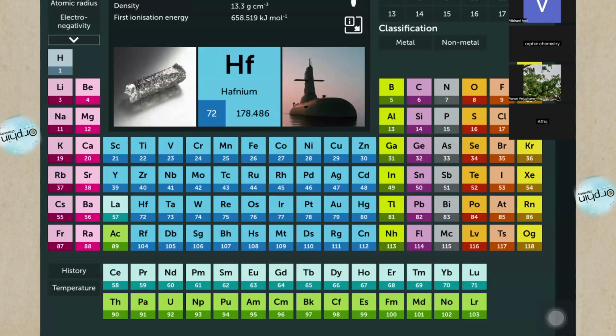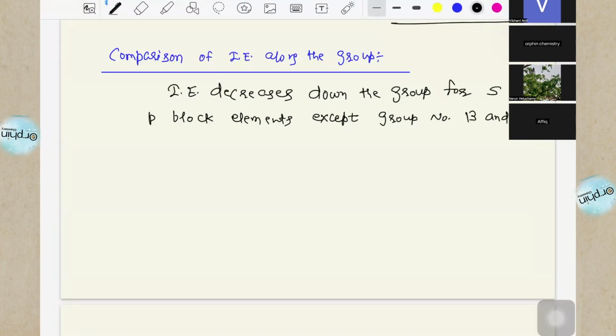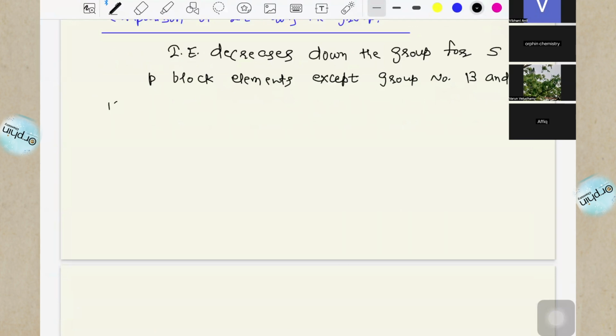Okay, so for the comparison of IE for group number 13: boron, aluminium, gallium, indium, thallium. What should happen here? Boron and aluminium, boron should have more because down the group it decreases. Aluminium and gallium, it was expected that gallium will have lesser, but gallium is having more. Why? Because just before gallium, D10 is fully filled.